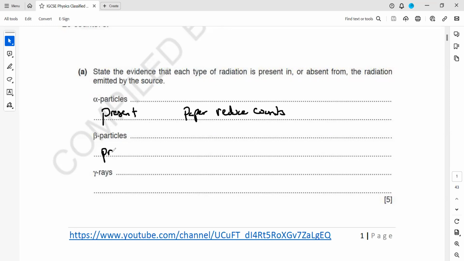Beta, present, because the magnetic field changes the count. Gamma, not present. Why? Because the counts are the same as the background. When there is a magnetic field, the counts are the same as the background, so there is no gamma.